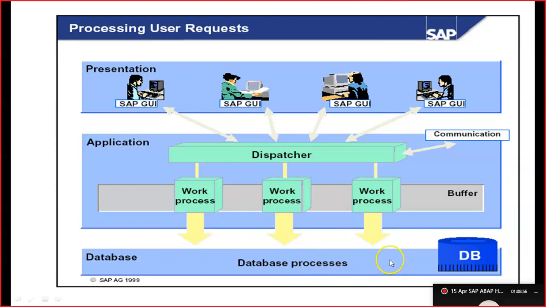But if you are accessing some tables continuously from the front end, it's preferable to store a temporary copy in the buffer. Then that can be fetched from here. You don't have to go back to the database layer. You can just fetch it from here.